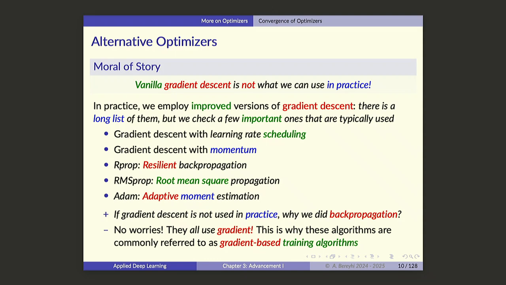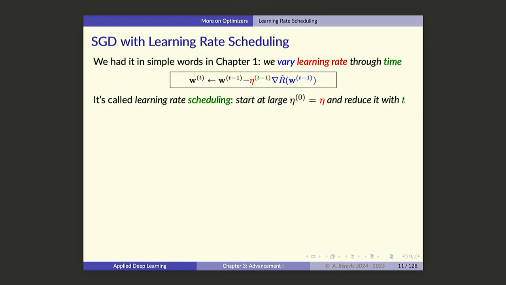So this is the idea of learning rate scheduling. The idea is exactly the one we talked about in the first chapter. So when you are doing the optimization, the best thing that you can think of is that if I want to just move fast, I can start by a very large learning rate, and then I can gradually reduce it.